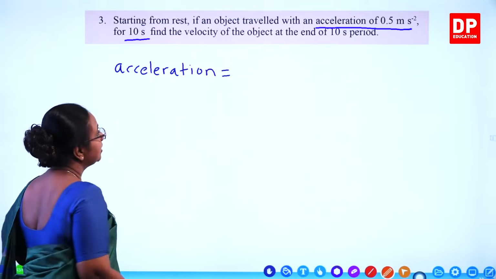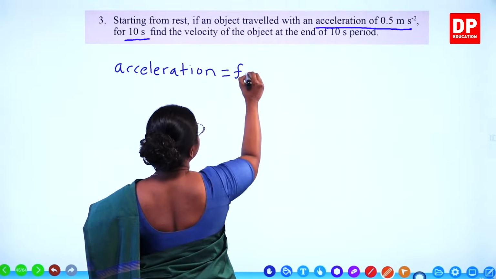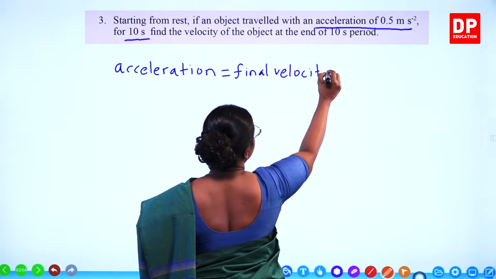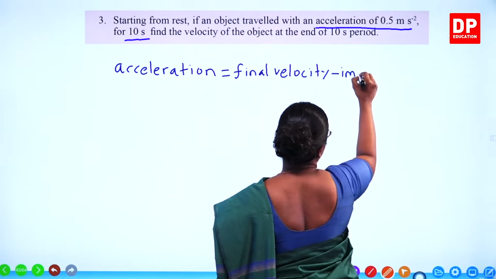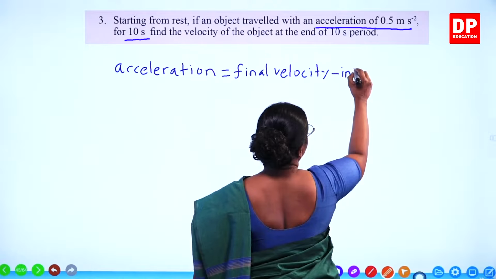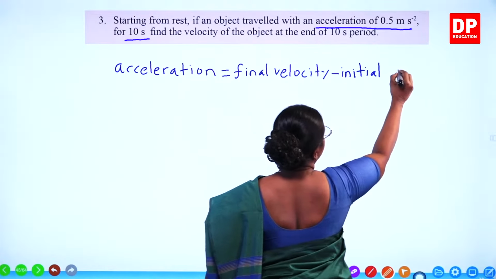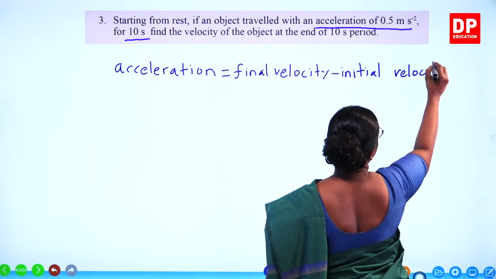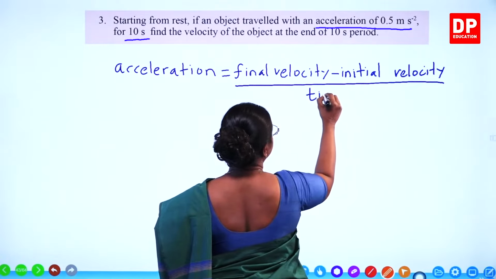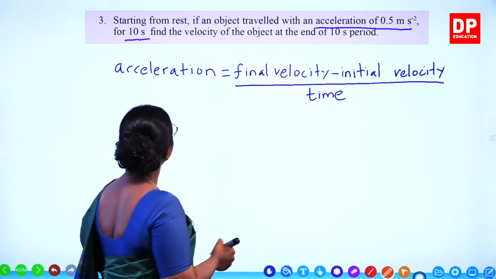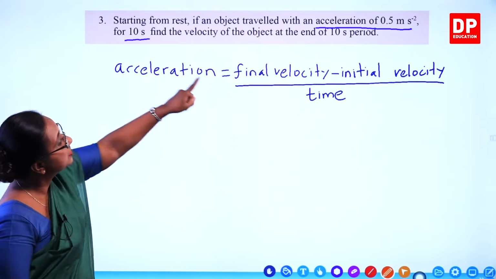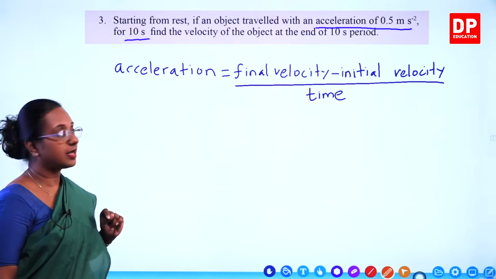I will directly write the equation as final velocity minus initial velocity divided by time. So here we know the value for acceleration, that is given as 0.5 meters per second square.